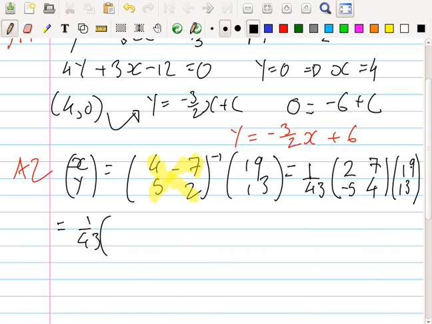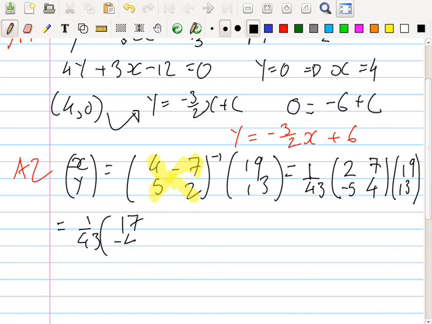So 2 times 19, which is 38. 38 minus 7 times 3. So that's 17 on the top. And then on the bottom, minus 5 times 19, and then plus 4 times 13. Minus 43.